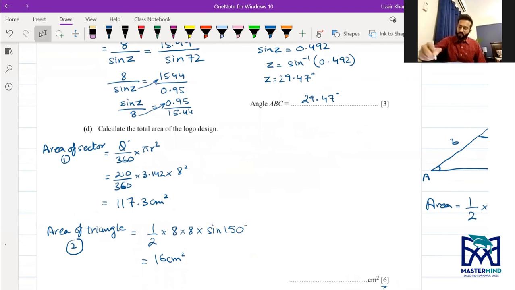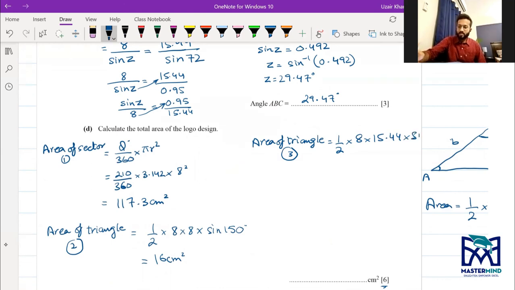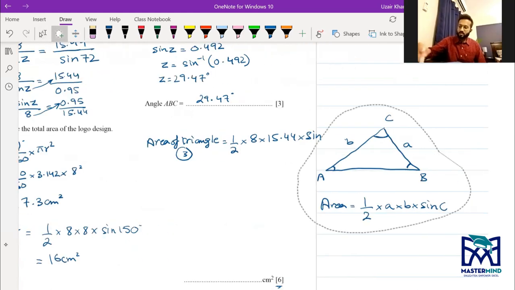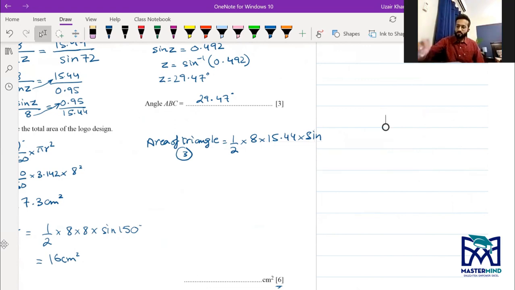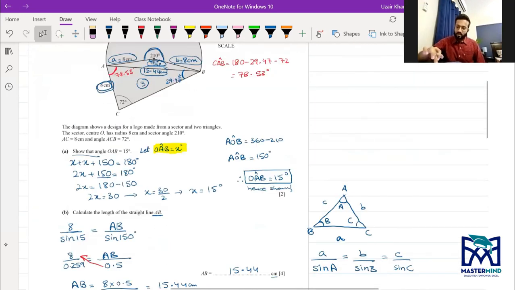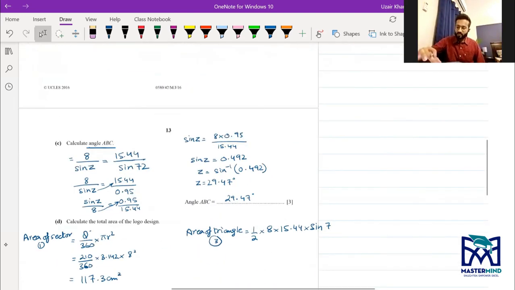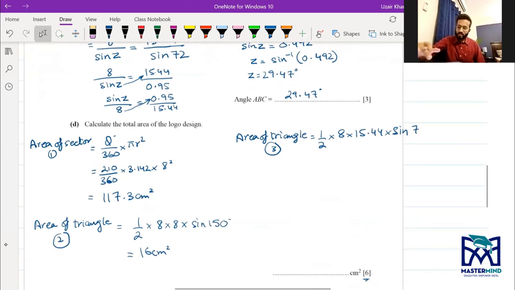So area of triangle 3 is going to be 1 upon 2 times 8 times 15.44 times sine of angle 78.53 degrees.